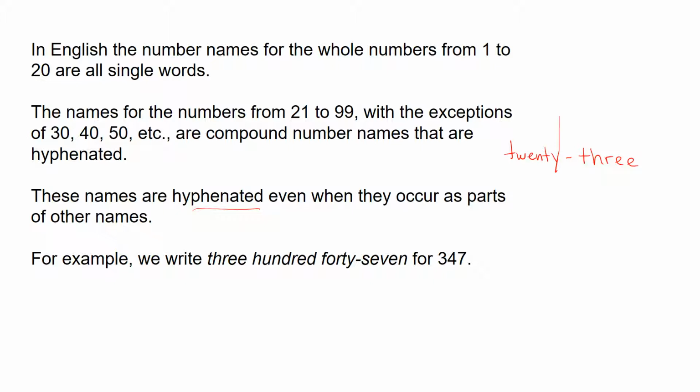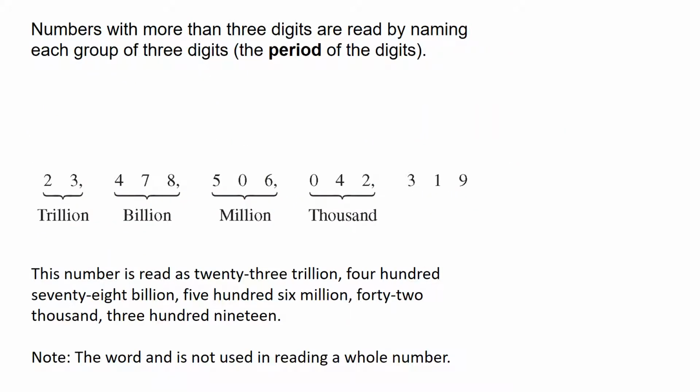So if I want this number, 347, we start with the biggest place, 347. Notice there's no and. We don't read an and in the whole number. So when we get past 999, then we go to the thousands place.